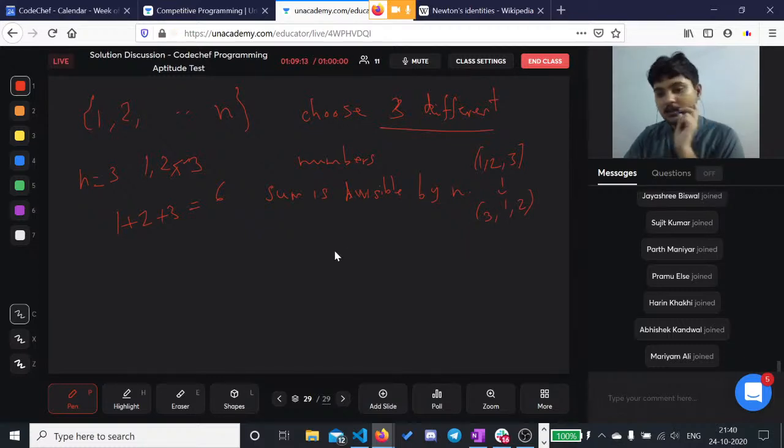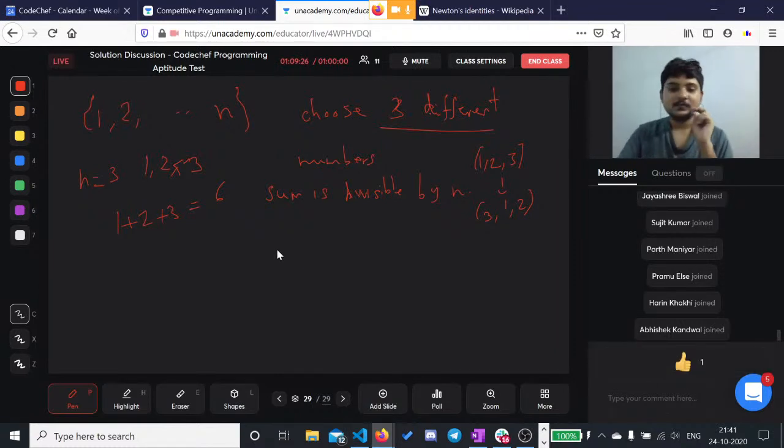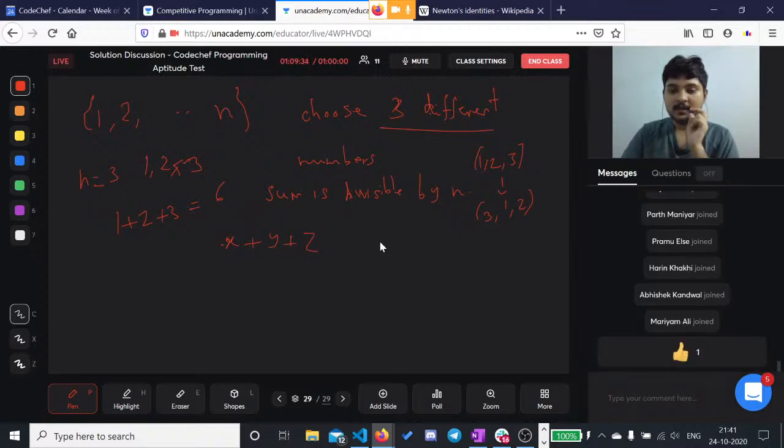Okay, so can you guys give a thumbs up if you understood the question, or if there are any doubts in the question? Cool. Okay, so let's say you chose x, y and z. You want x plus y plus z to be divisible by n.